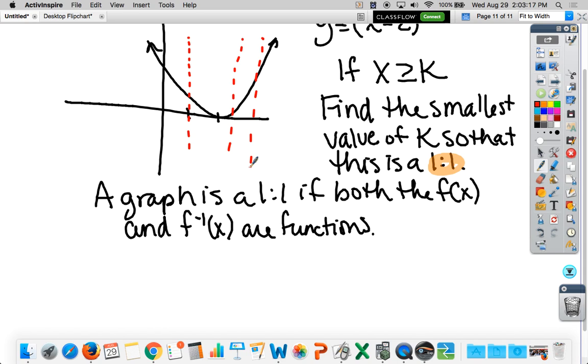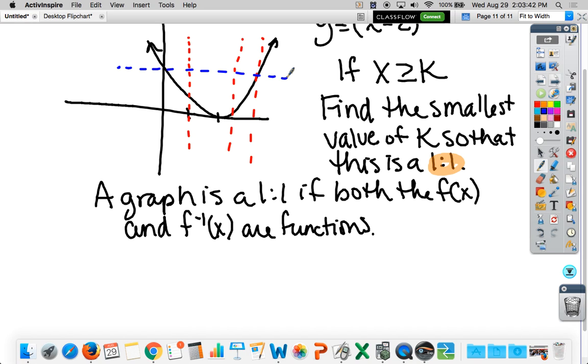Now, the inverse, I told you the y becomes x and the x becomes y, right? So basically, I'm turning that on its side. But rather than having to draw that, because some of these can be difficult to see turned on their sides, you check the horizontal line test to see if the inverse is a function.